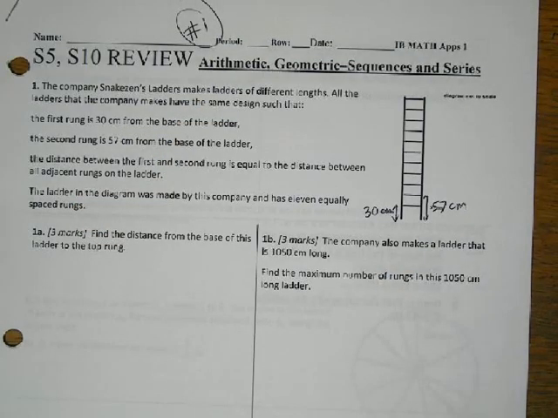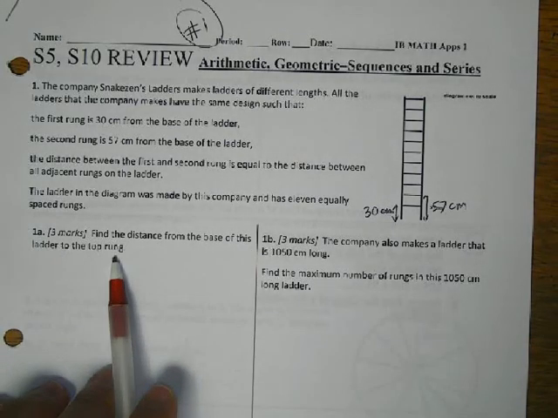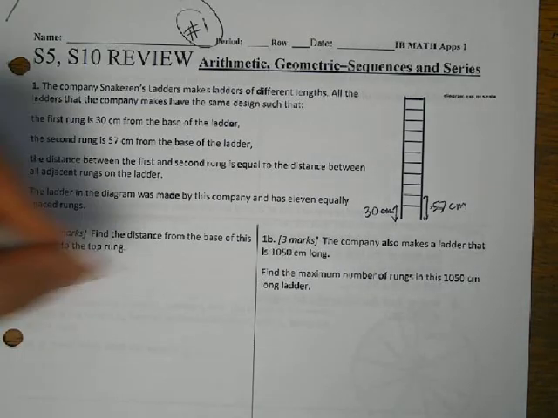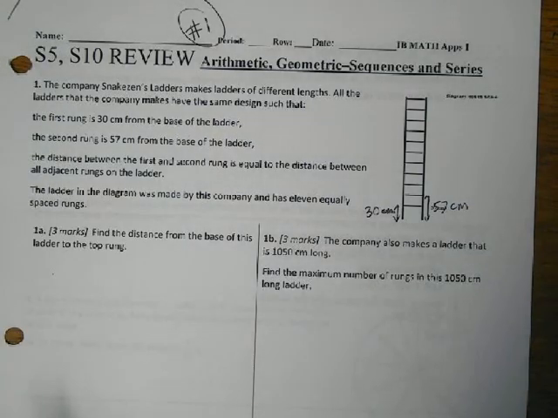Okay, so the first thing we're going to do, find the distance from the base of the ladder to the top of the rung. So the very first thing we need to do is find the common difference.